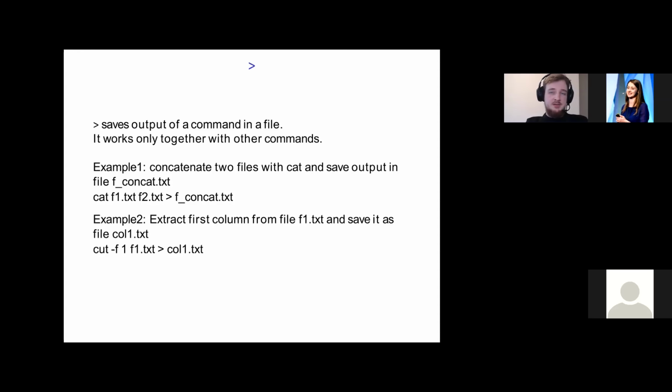The file doesn't have to exist. It will create the file if it doesn't exist. Here's another example using cut. If we want to cut the first column or field from a file, you can just type cut -f1 for the first column, the input file, and use the greater than sign to redirect the output to col1.txt.